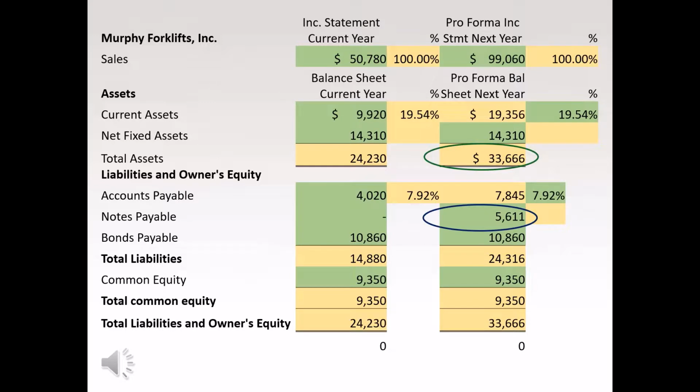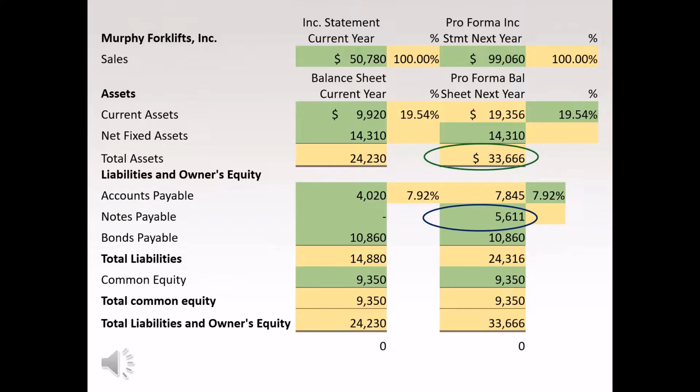So the two figures that we are most interested in here are the total assets and the notes payable. Total assets tells us our total financing requirements. The full $33,666,000 of assets must be supported through liabilities and equity.